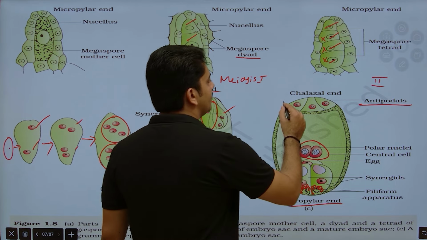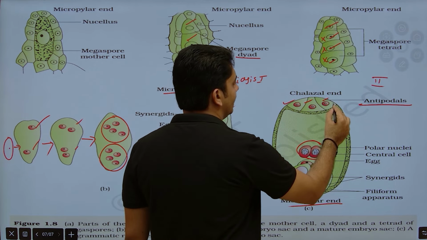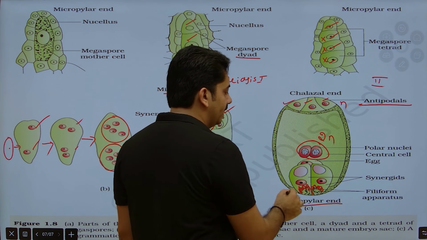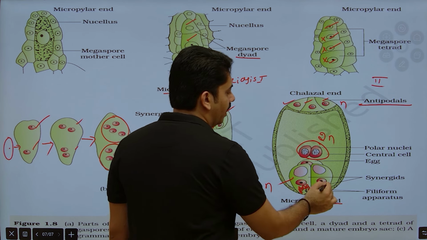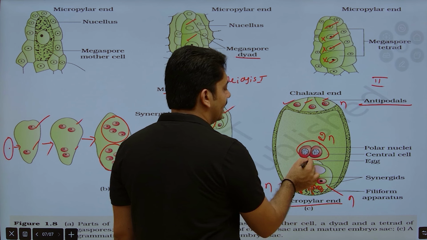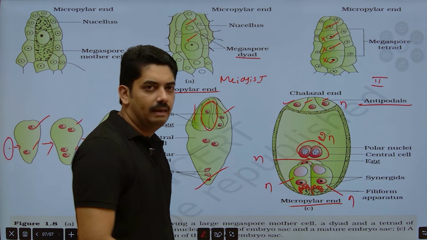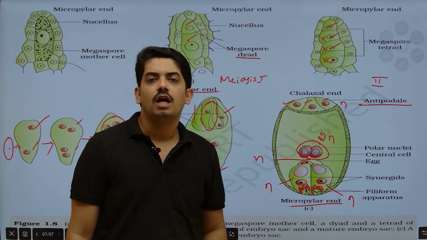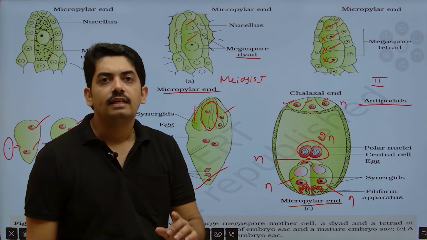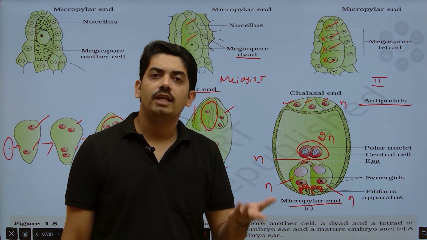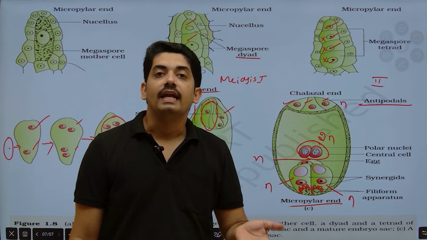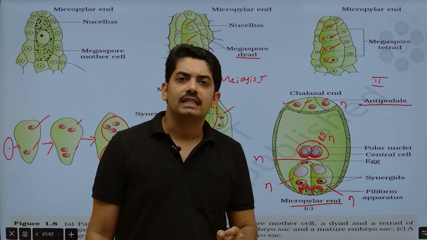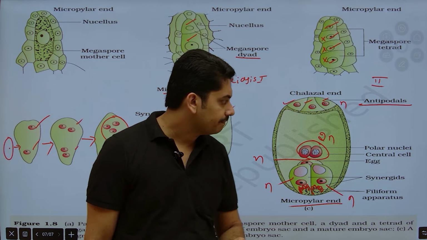The antipodal cells are haploid, all 3 of them. The polar nuclei are diploid. The synergids are haploid. And what about the egg cell? It is also haploid. Now when you look at the complete embryo sac, how many cells are present? There are 7 cells. How many nuclei are present? 8 nuclei are present.